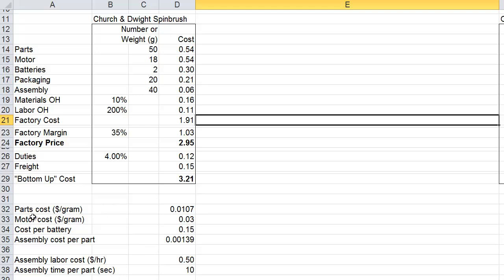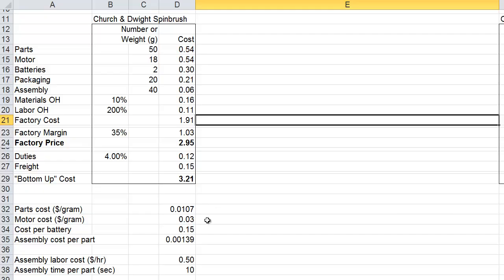Specifically, I assume that all custom parts in this product cost $0.0107 per gram. I actually think, based on first principles, I would expect it to be about 0.01, but in all honesty, I've played with this number to make sure the bottom line came out to be $3.21, so that we could get an internally consistent set of numbers.